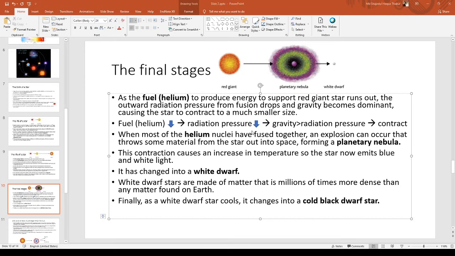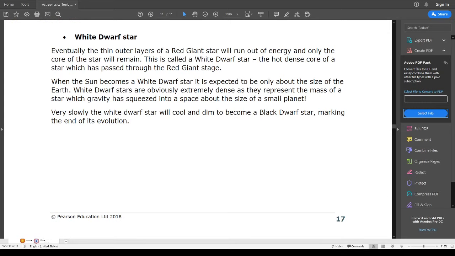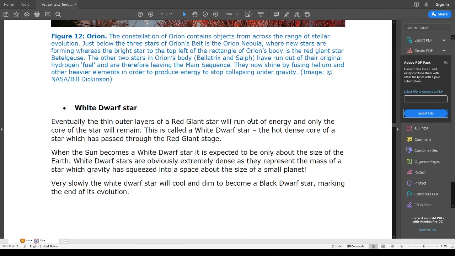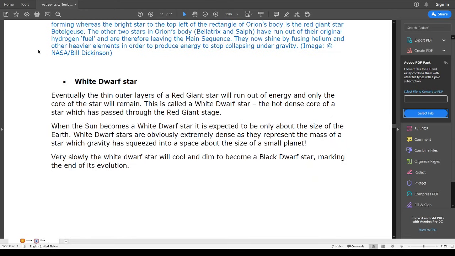Let me just read from here now. So eventually the thin outer layers of a red giant star will run out of energy. Like we are saying, right? The helium is running out of energy. The helium fusion is not occurring, so the star is basically running out of energy.